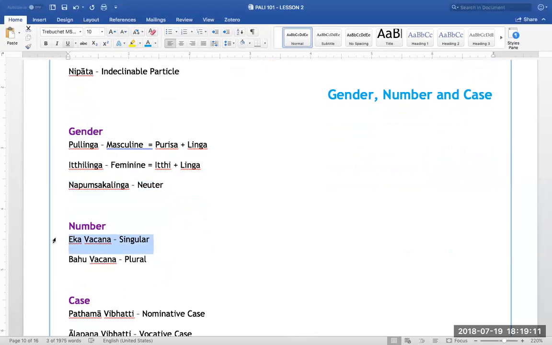And in Pali, we do have Ekavachana singular and Bahuvachana plural. Eka means one, Vachana means word. So one word, singular. Bahu means many, and Vachana means word. So Bahuvachana means many words, multiple words, and that is plural.